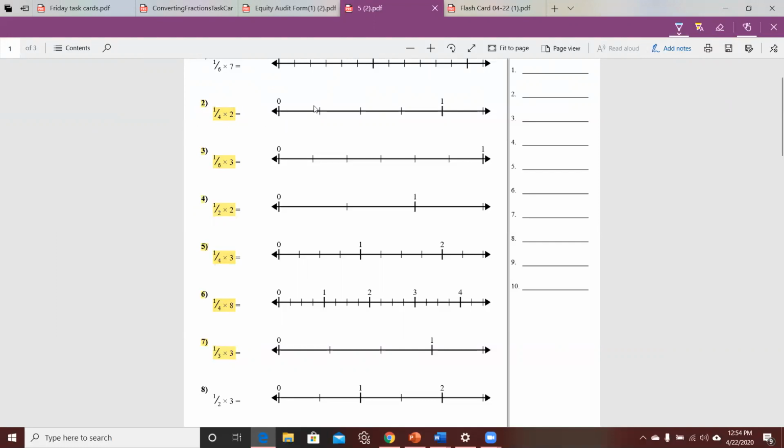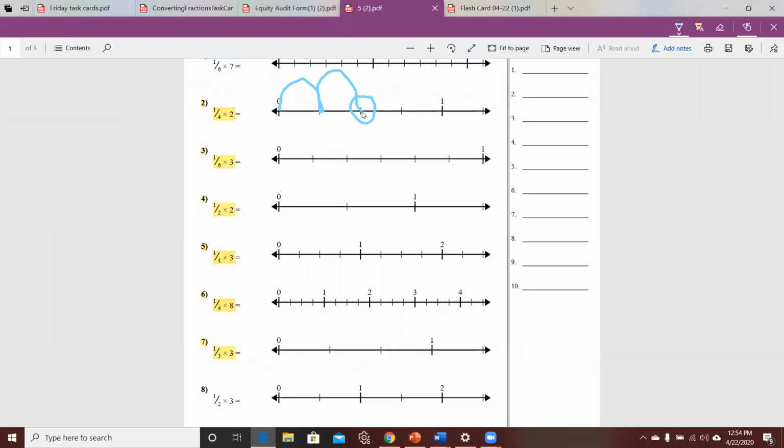So 1/4 means one of these little spots on my number line, but I got to make 2 groups or 2 jumps. I start at 0. I'm going to go 1, 2, and this is the spot that I landed on. Okay, now this number line is not labeled.